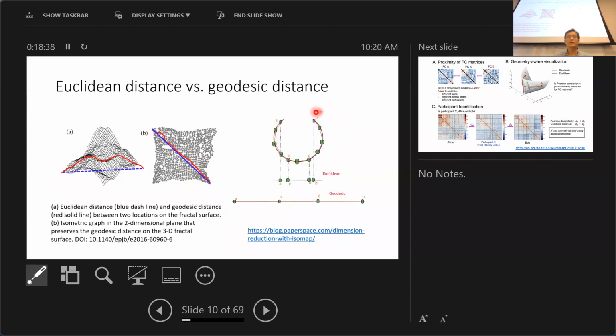In this example, the data form the shape of a half moon, with points A and B. If you project into 1D, from A to B into C and D, that is the Euclidean distance. But if you follow the geodesic distance, you go from A all the way through the half loop to B. The distance is very different from Euclidean.